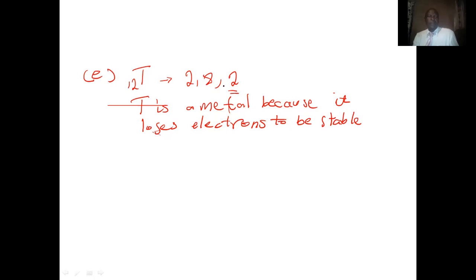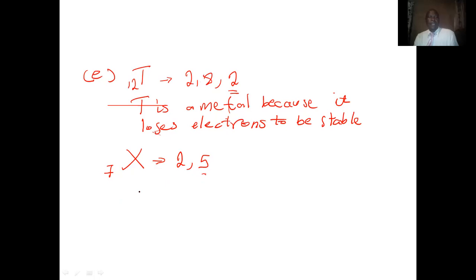While X, we said it has 7 electrons, or we said the atomic number is 7, and therefore its electron configuration is 2, 5. So what this means is that it is easier for it to gain 3 to make them 8 than to lose the 5.